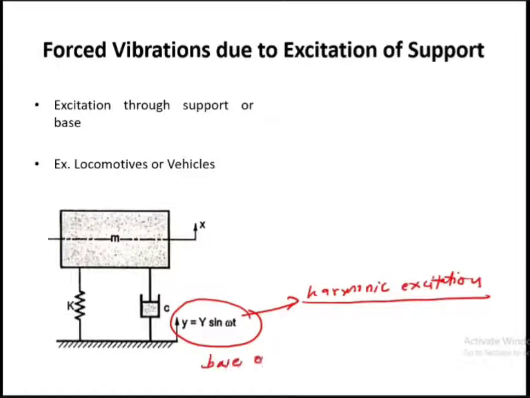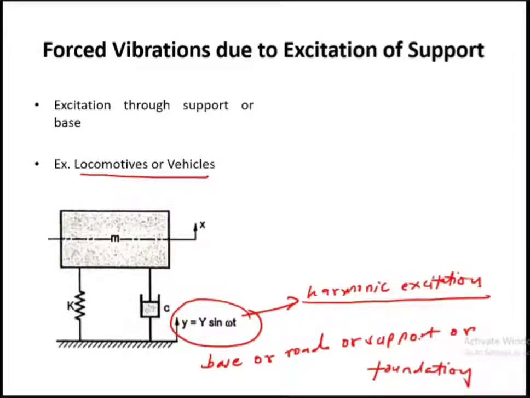You can also call it a road surface in the case of locomotives, or a support, or a foundation. In today's lecture, we will understand the analysis of forced vibration due to the excitation of the support instead of the mass.